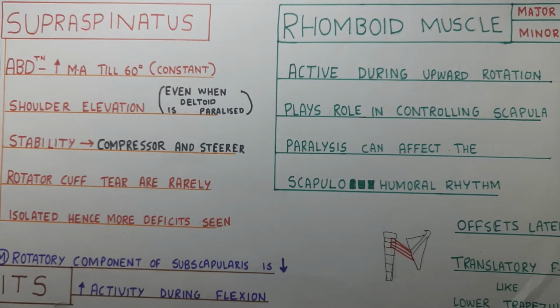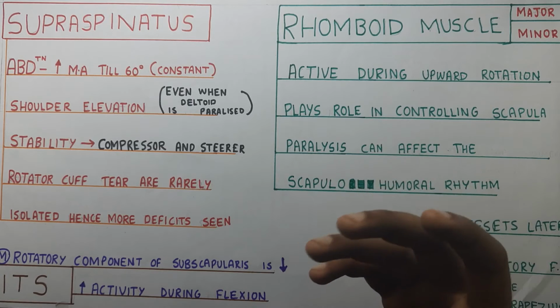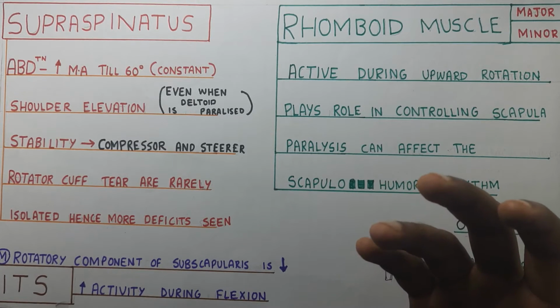Then coming to ITS, that is infraspinatus, teres minor and your subscapularis. A very important point is the subscapularis activity is medial rotation, right? So the medial rotatory components are kind of diminished in elevation, right?